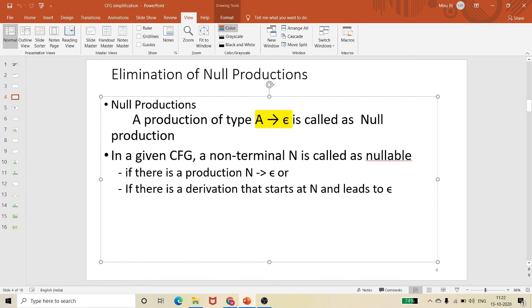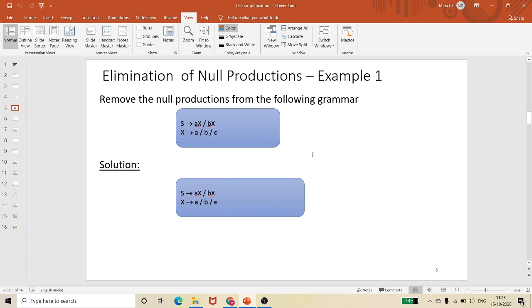In a context-free grammar, a character written as a capital letter is a non-terminal, whereas a character written as a small letter is a terminal. Even epsilon is treated as a terminal. For converting the given grammar into a normal form, this epsilon production has to be eliminated. Elimination of epsilon production is quite simple compared to other tasks.